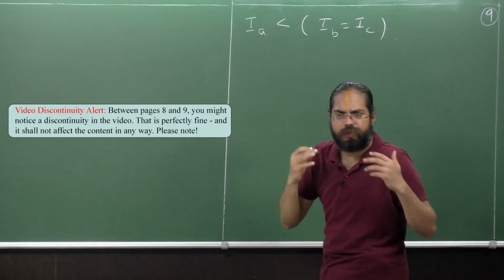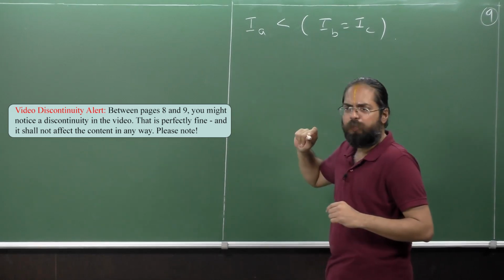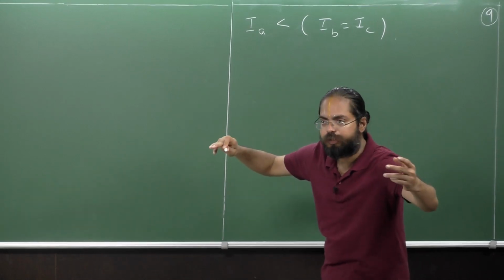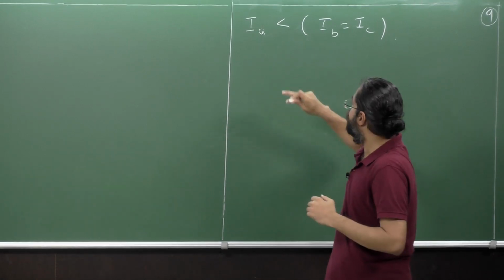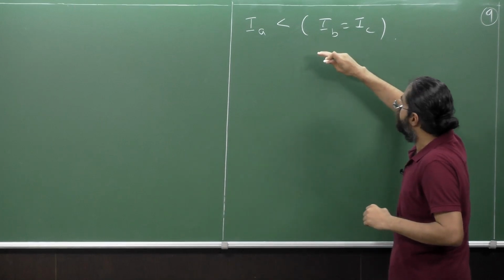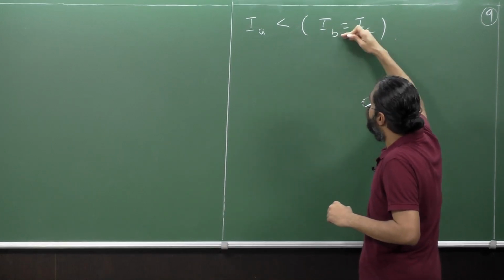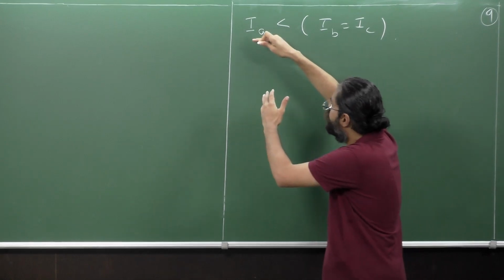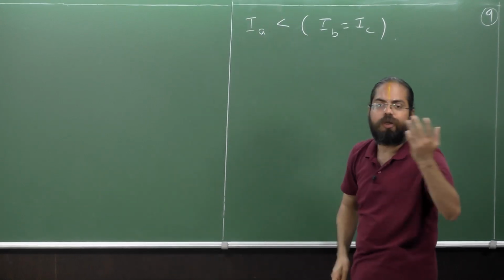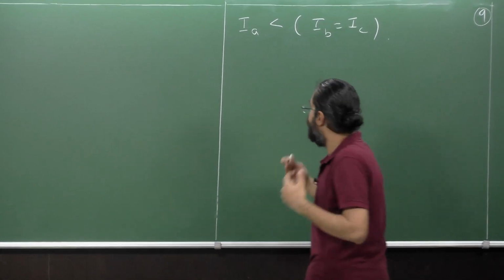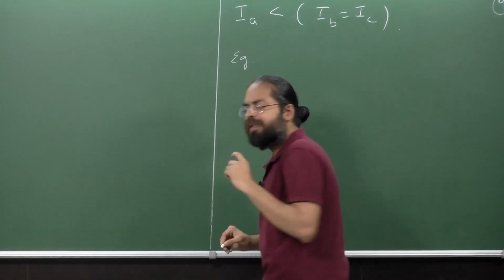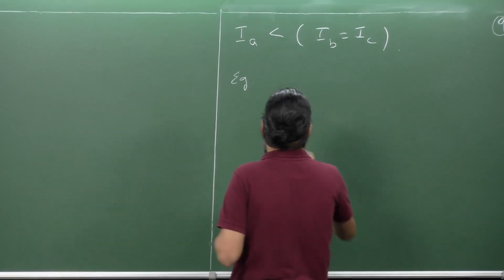This was the other instance wherein we had two distinct sets of moment of inertia about the principal axes, such that the greater values were equal, and the least value of the moment of inertia was on its own. What is an example of such a molecule? Take the example of methyl chloride, CH3Cl.